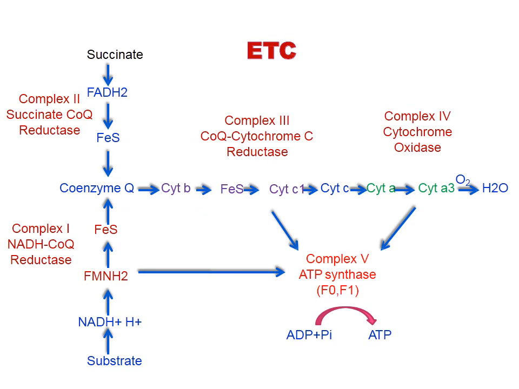This is a slide which shows the complexes. We have talked about 5 complexes: complex 1, complex 2, complex 3, complex 4 and complex 5. The electron will flow from complex 1 to complex 3, complex 4, and finally it reaches complex 5 where ATP synthesis takes place.